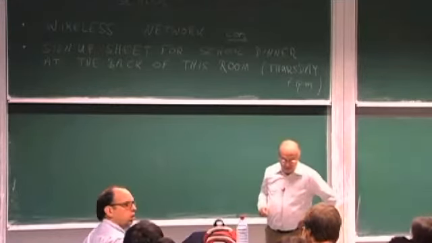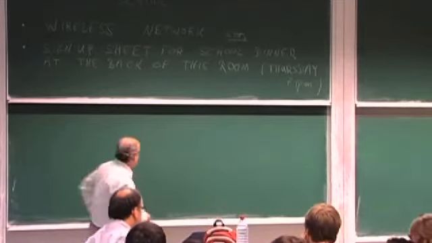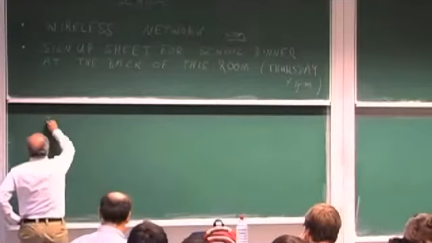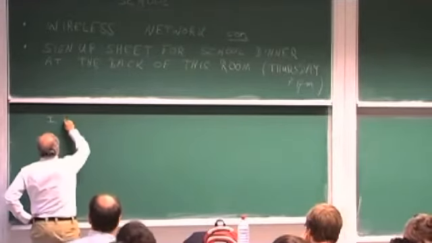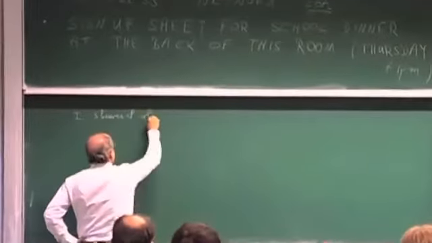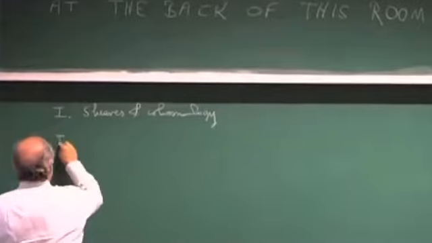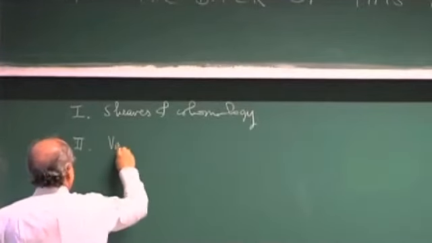So we'll be giving 3 lectures, and I think I will divide the topics into these 3 parts. The first lecture will be about sheaves and cohomology. Second lecture will be about varieties and bundles.